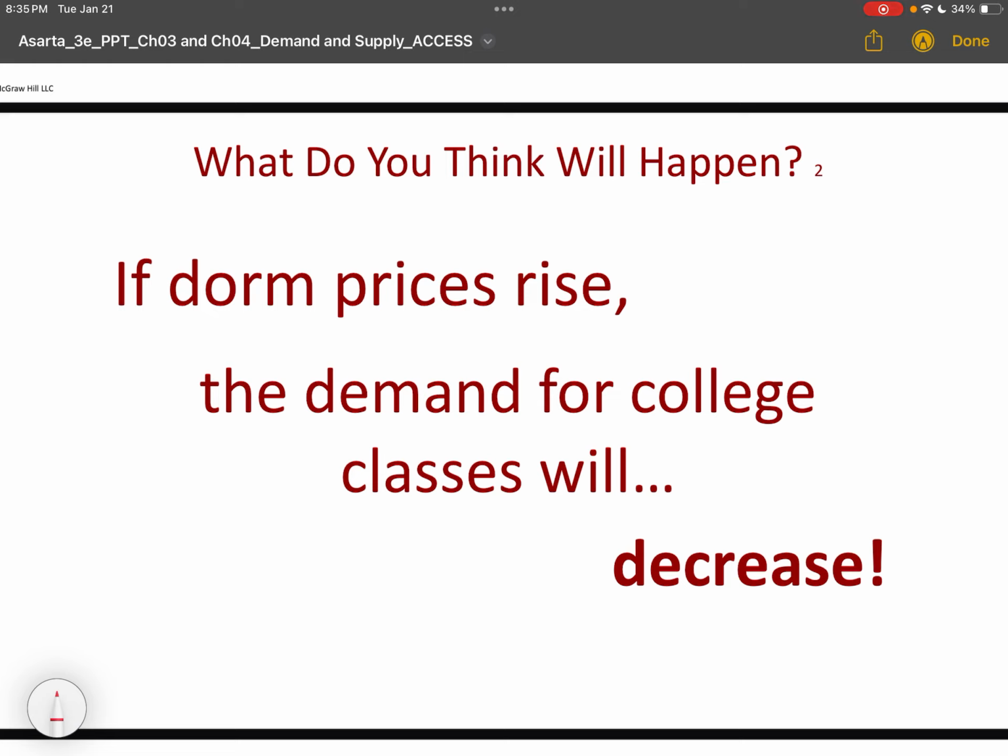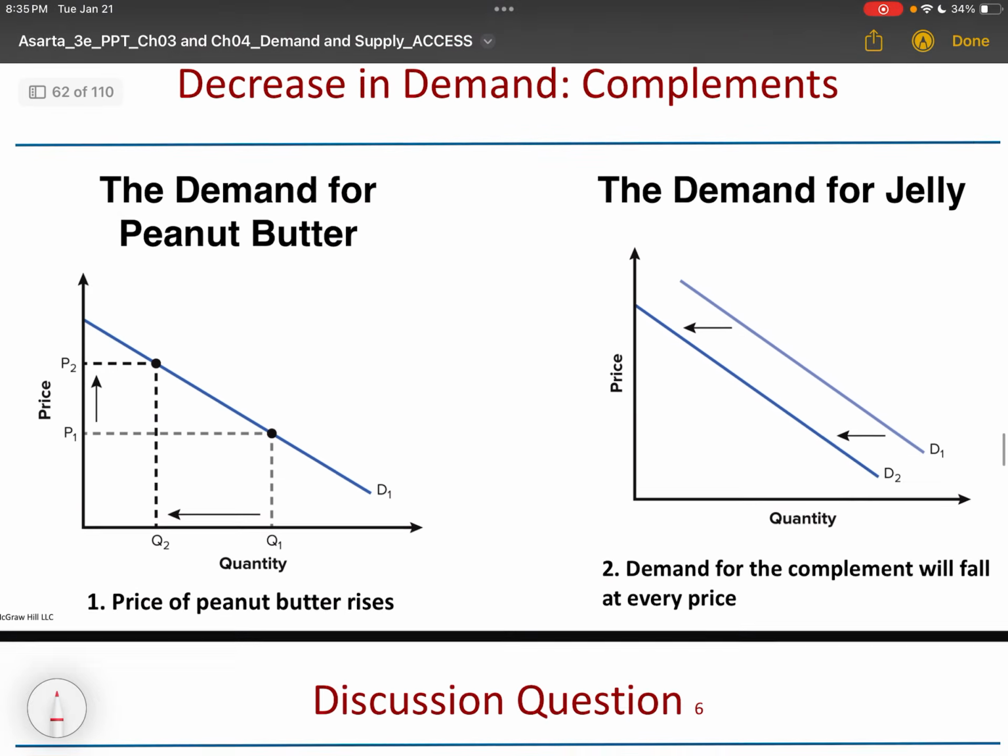So if it's more expensive to live in the dorms, then the probability that the student will come to that college and take classes falls. So demand for that college will fall.